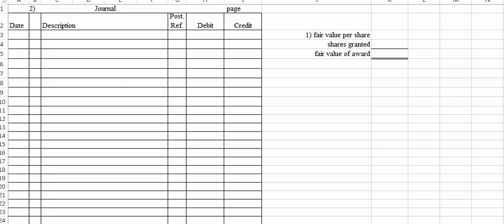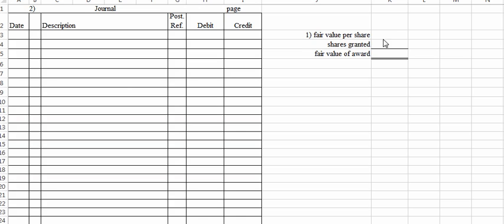So the VPs only get these shares if they stay employed with Allied Paper Products, I guess in the position of VP, for the next 2 years. The common shares have a market price of $5 per share on the grant date. Okay, number one, determine the total compensation cost pertaining to the restricted shares.